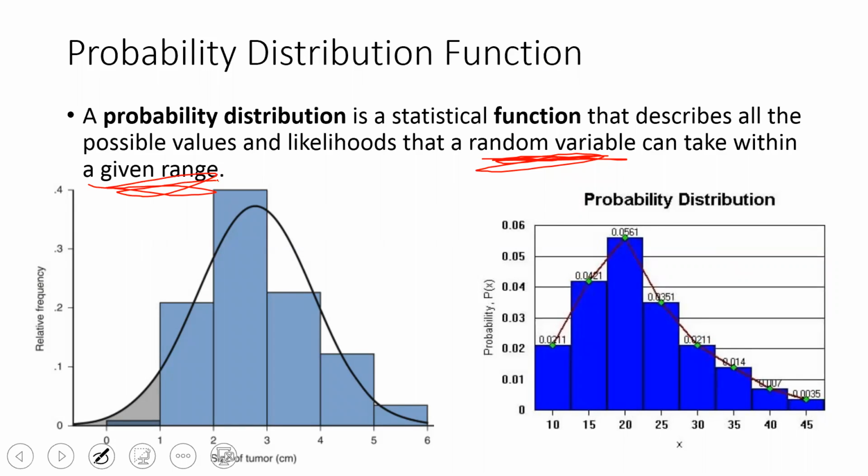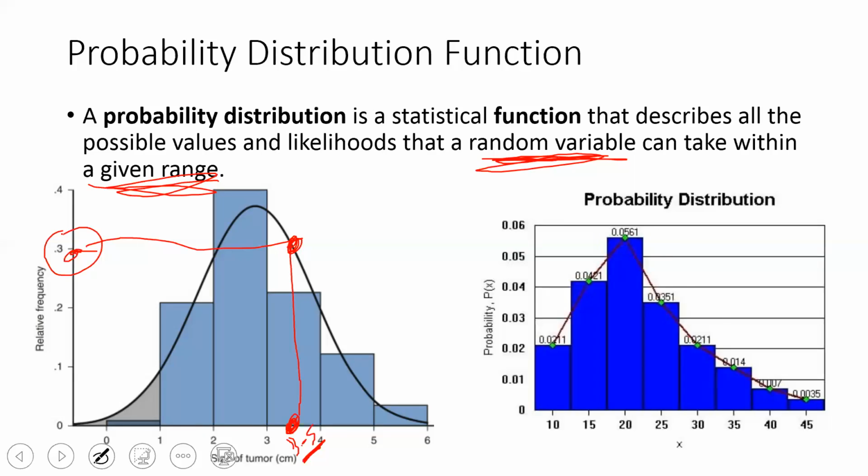Here, if I want to find the probability of 3.5 on the x value, I just go over here and see its value. So I'll say that the probability of 3.5 is 0.3.